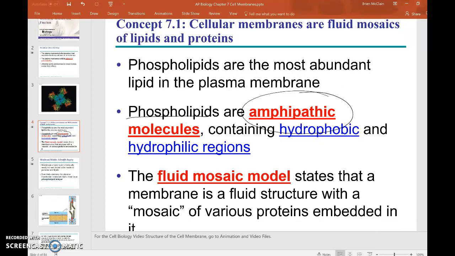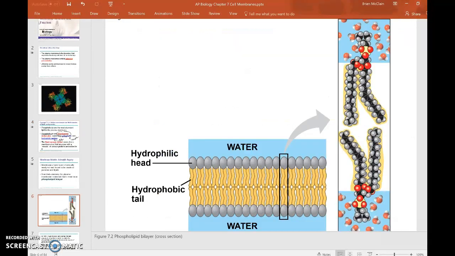At one side you're going to have hydrophobic, which is obviously the non-polar end, and then you're going to have the hydrophilic, which is polar. In a slide coming up in a second, I'm going to show you how those different characteristics actually exist.